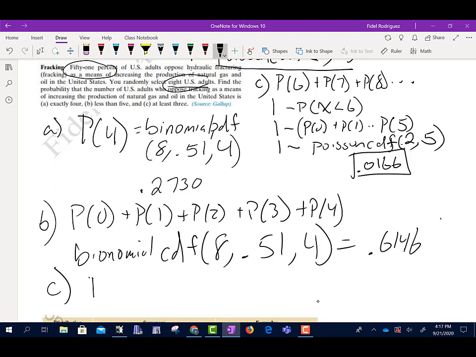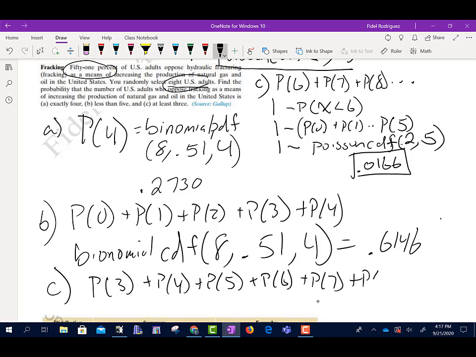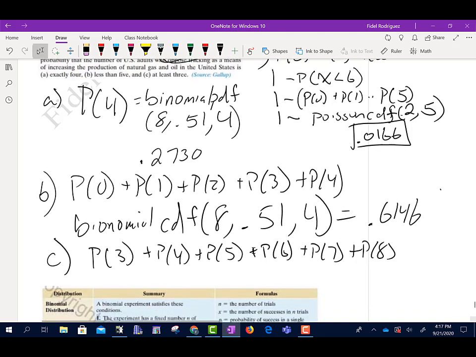Remember what at least 3 means. At least 3 means 3 or 4 or 5, right? Or 6 or 7. Here we'd actually stop at 8 because we're only selecting 8 adults, right? So we could actually do each of those individual calculations and add them up.